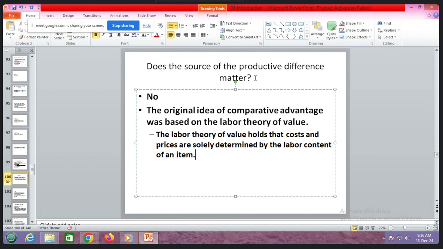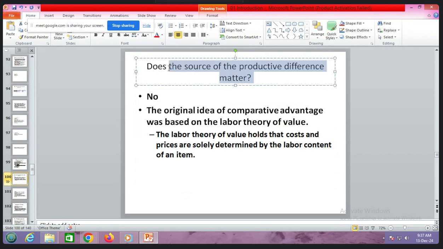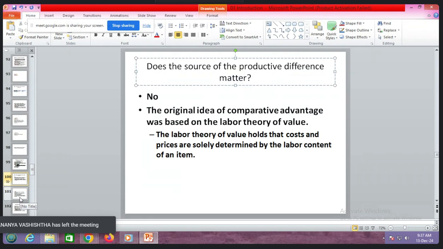But when we look at the opportunity cost theory, it does not specify, though the implied understanding is that there is only one input, that is labor, and wages are the determinant of the cost. But it does not purely focus on saying that wages are the only source of productive difference.